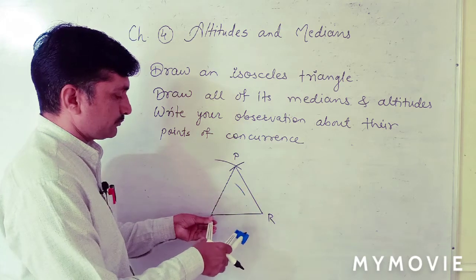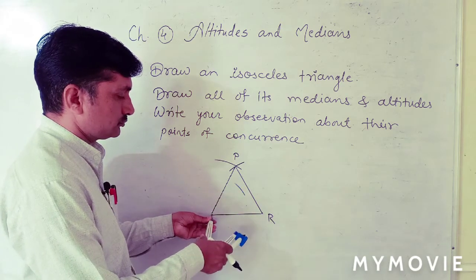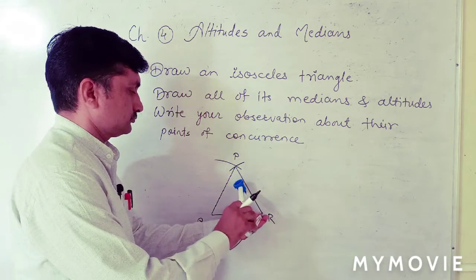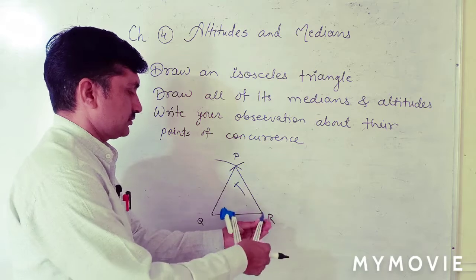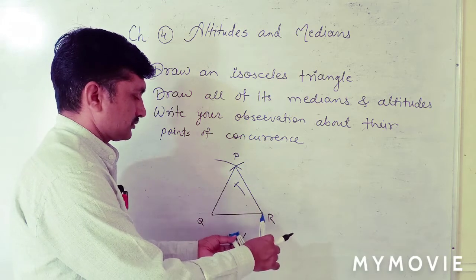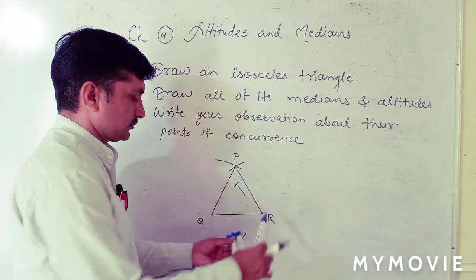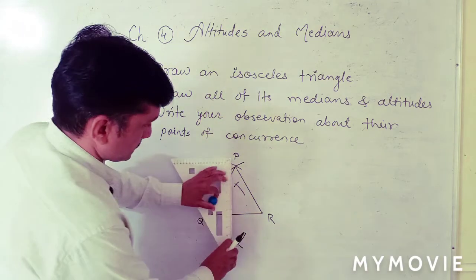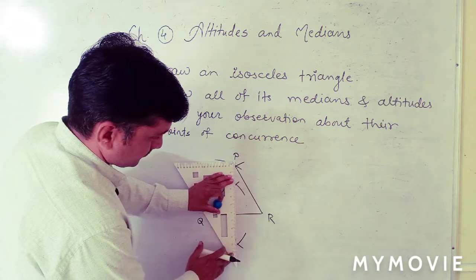One arc here up above, second down. From R, let them bisect. We are bisecting, but before that we want intersection points.